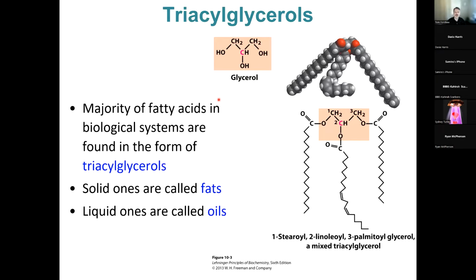Lipids provide about 9 calories per gram of energy, whereas proteins and sugars, say glucose, provide more like 4 calories per gram. So lipids carry more energy.